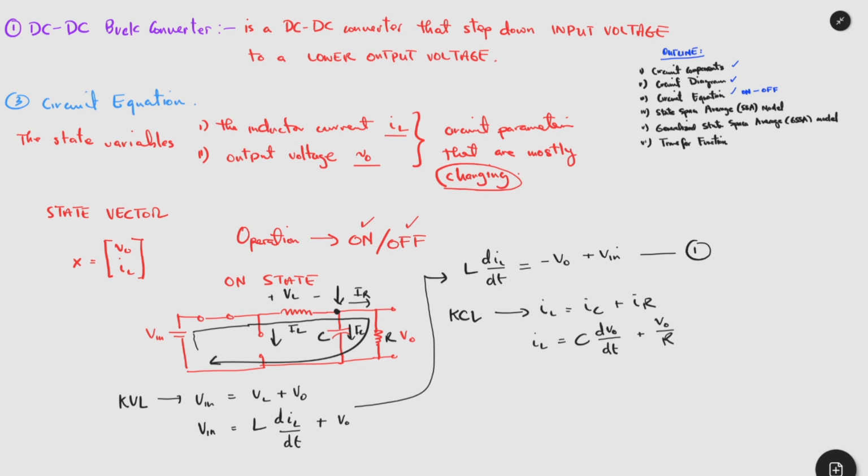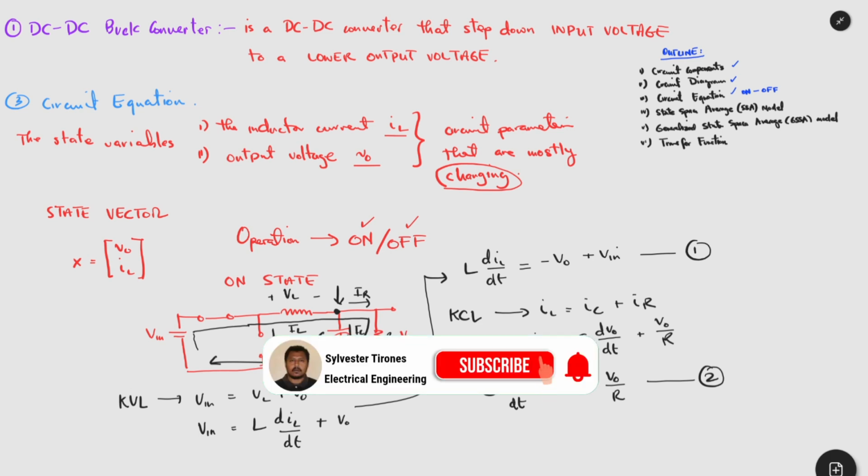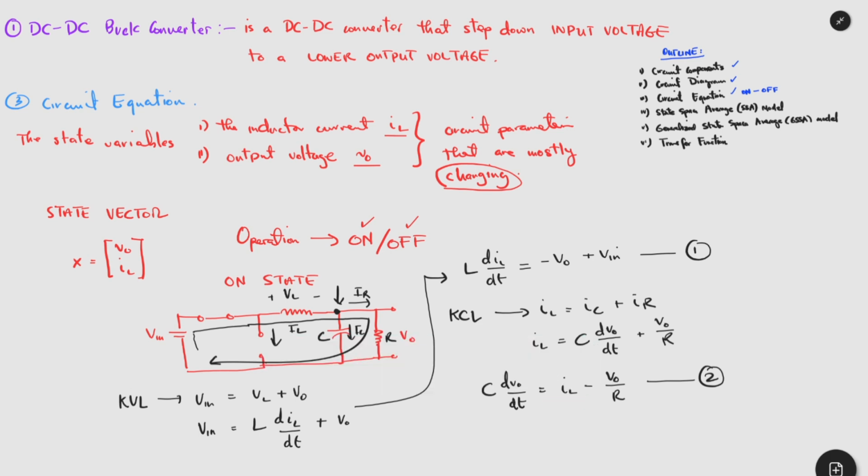Now, putting it in a more formal way, C dV0 over dt is equivalent to IL minus V0 over R. So this becomes equation number 2. These two equations, 1 and 2, come from the operation of a buck converter during the on state.